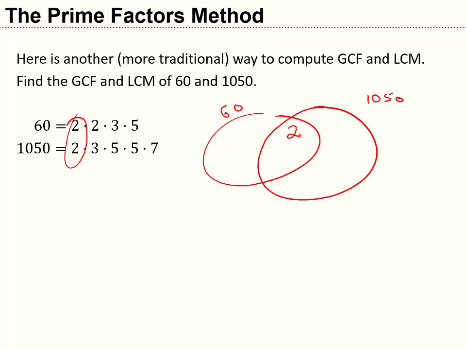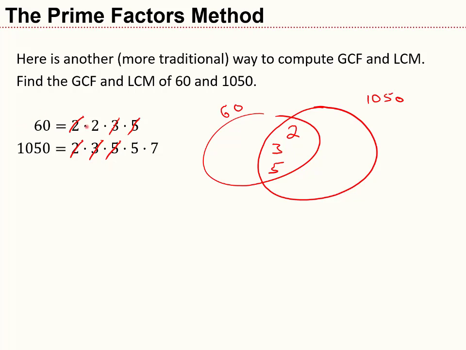So I'll write 2 in the intersection and I'll cross off the 2's. Those are handled. The next thing I notice, there's 3's that are common. So I'll put 3 in the middle and I'll cross off both of those 3's. And it looks like there's a pair of 5's that's common. I'll put 5 in the middle and I'll cross off both of those 5's.